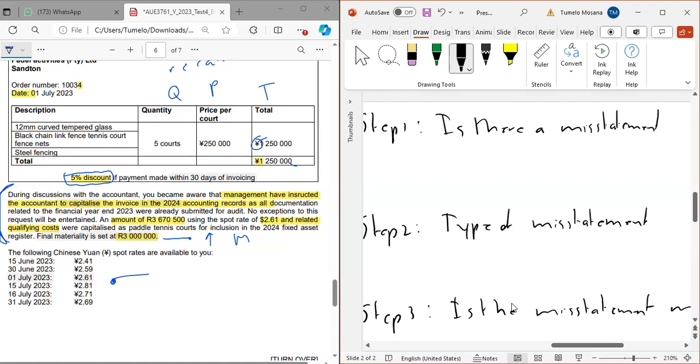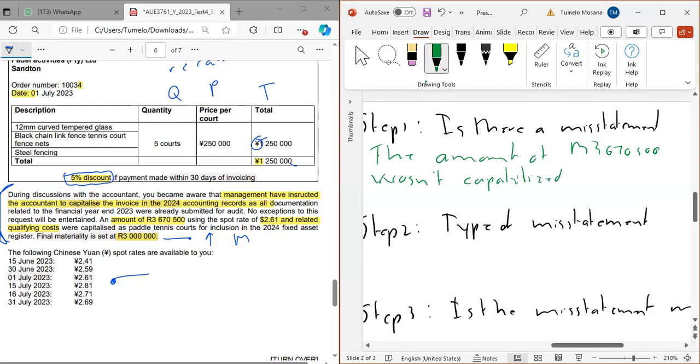What I can see is that this amount, the amount of 3,675,000, wasn't capitalized in the 2023 year of assessment or financial year.